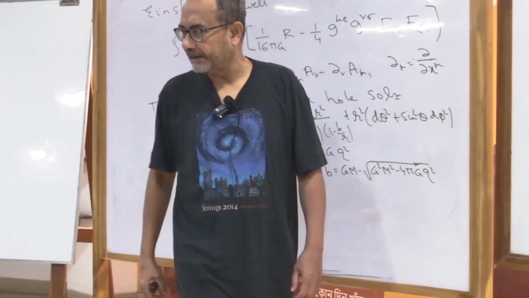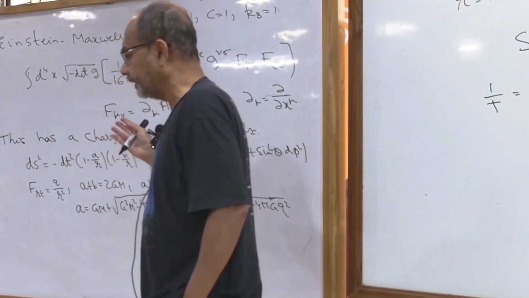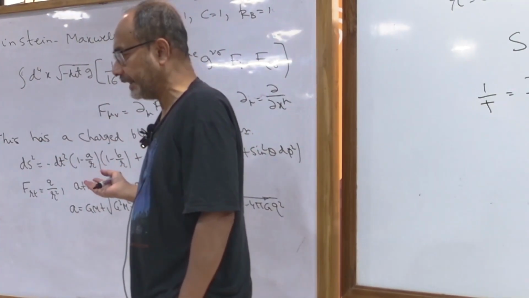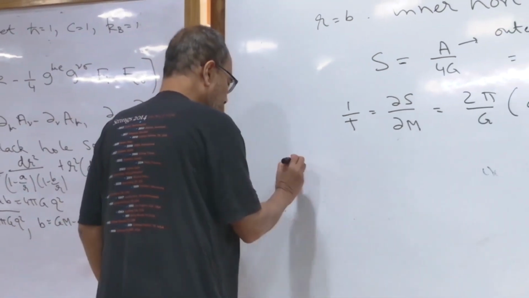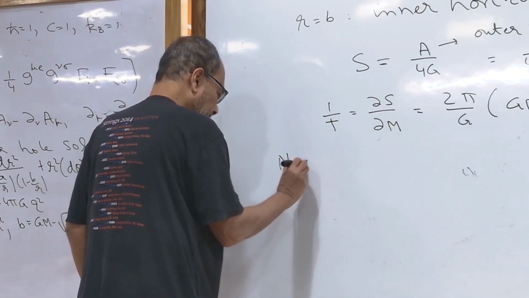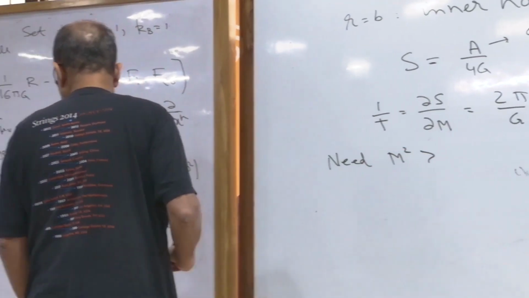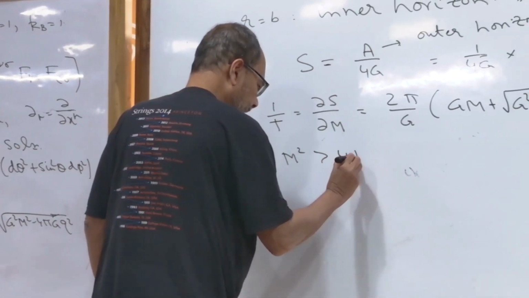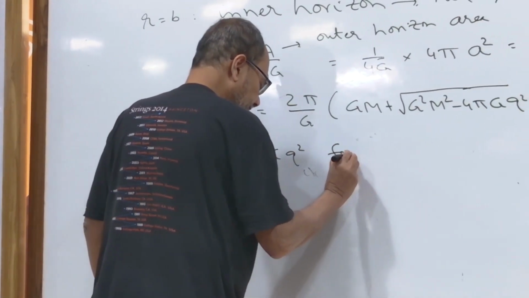There is a genuine singularity at r equal to 0 that gets exposed. So this is what is called the bound on the mass in terms of the charge. We need m square to be larger than 4 pi G q square for the horizon to exist.